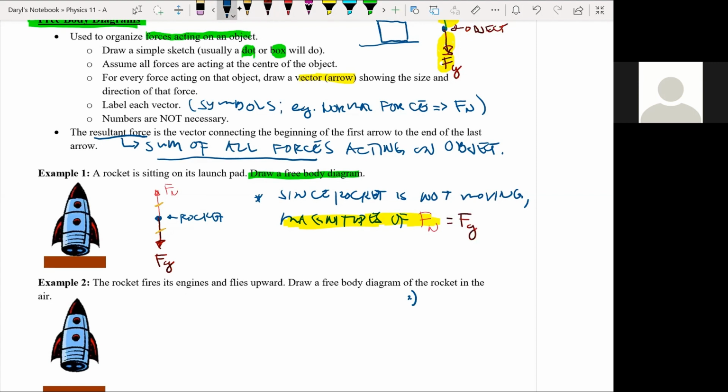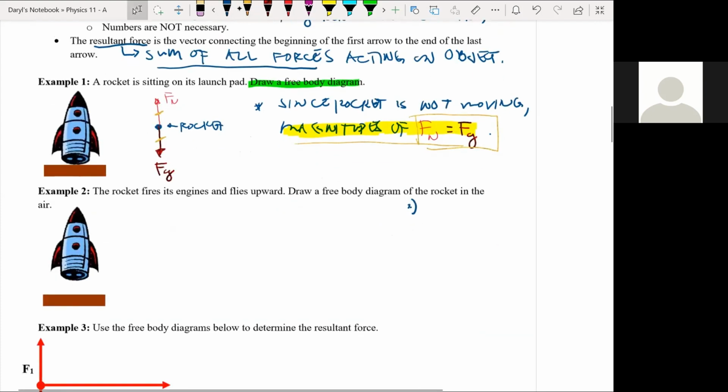I'm using the word magnitudes. I would say that because it doesn't move, their magnitudes should be the same.